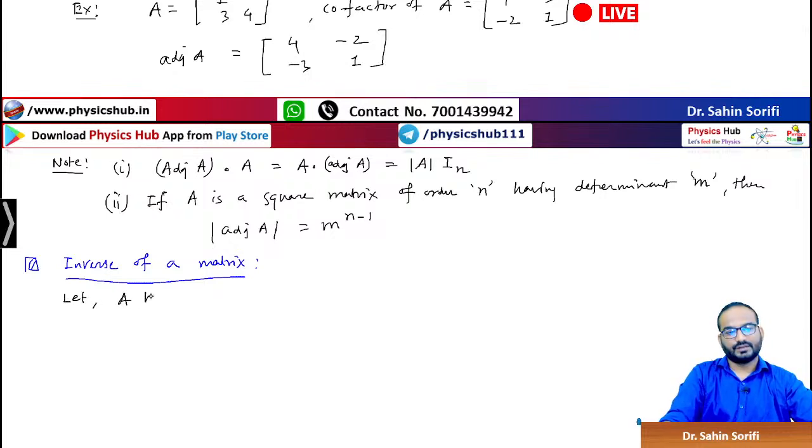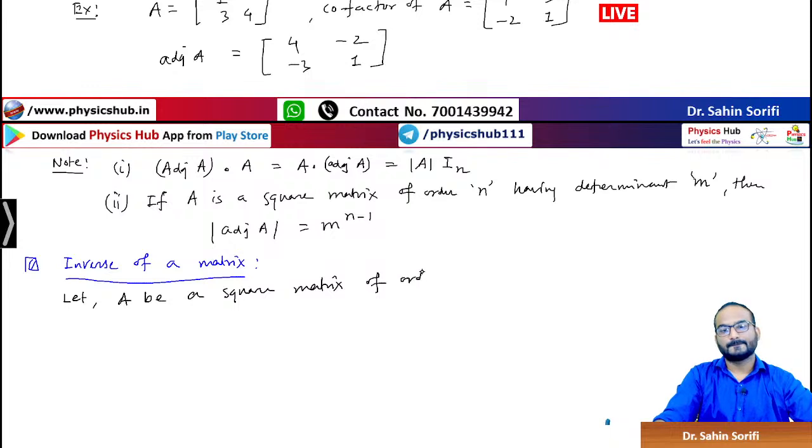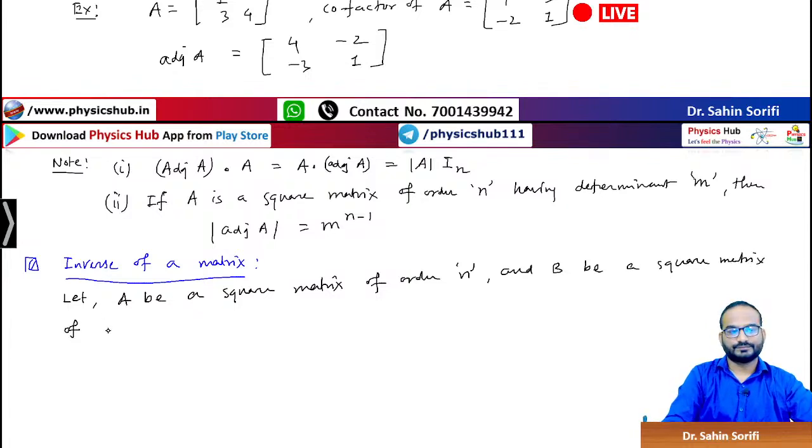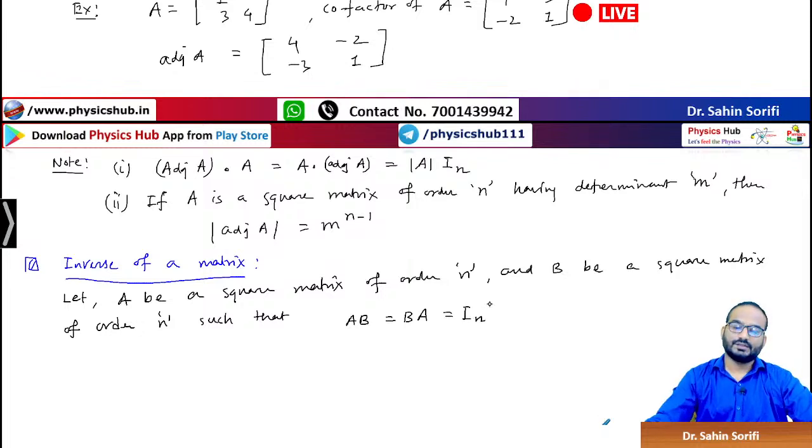Let A be a square matrix of order n and B be a square matrix of order n such that AB equals BA equals I_n, where I_n is the identity matrix of order n.